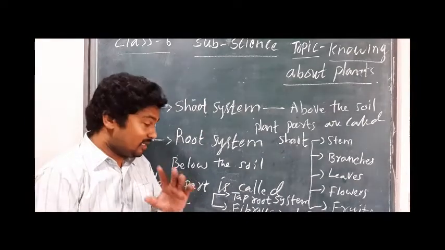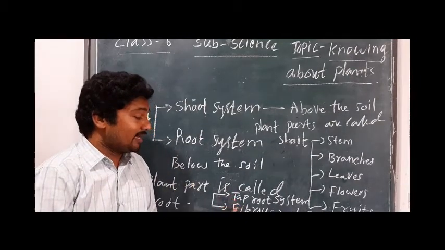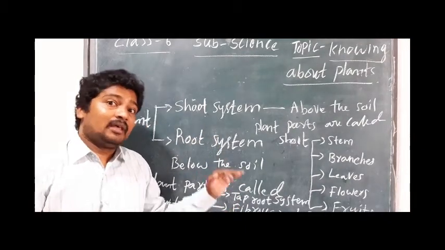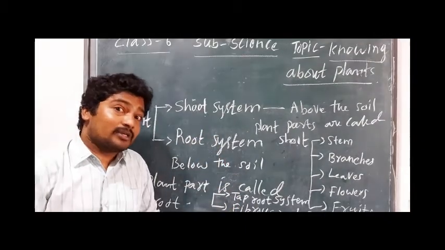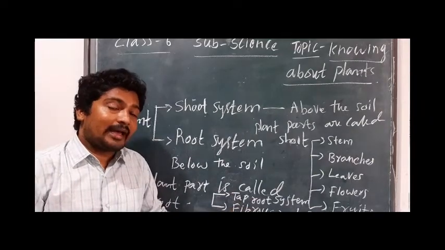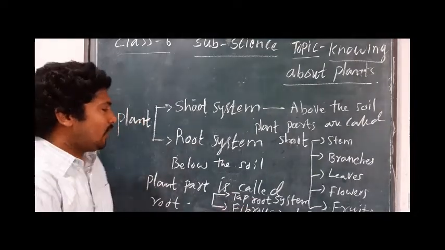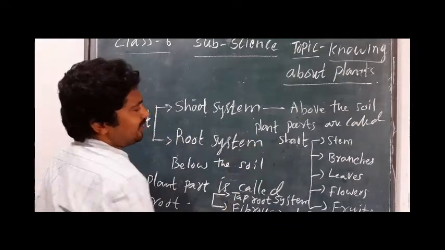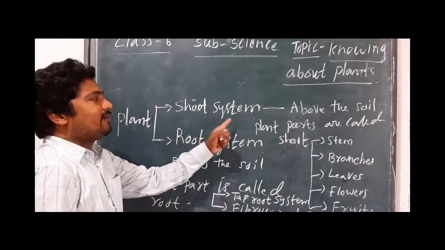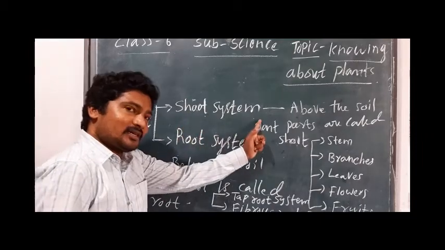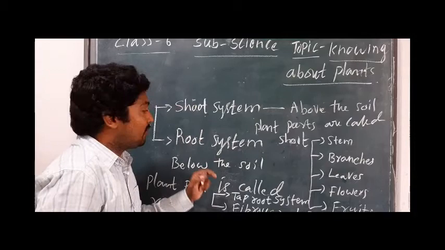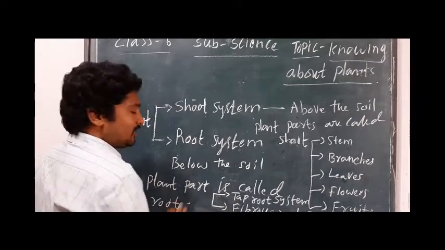Have you observed them? I will explain in detail. Now we are going to know about the root system only. First let's go through the root system in a detailed manner.